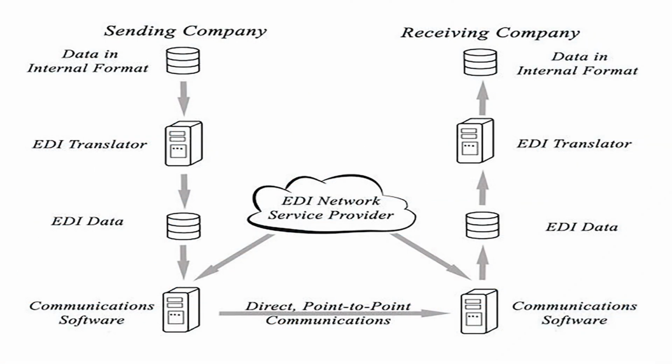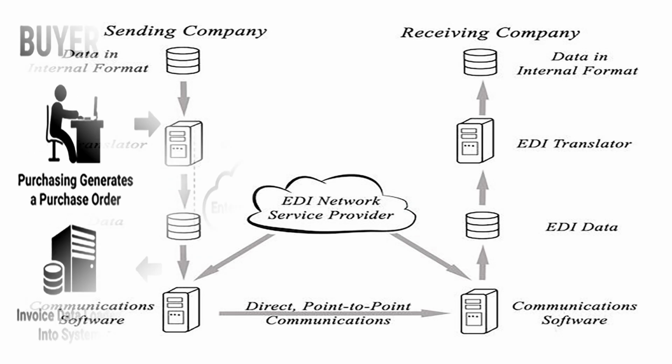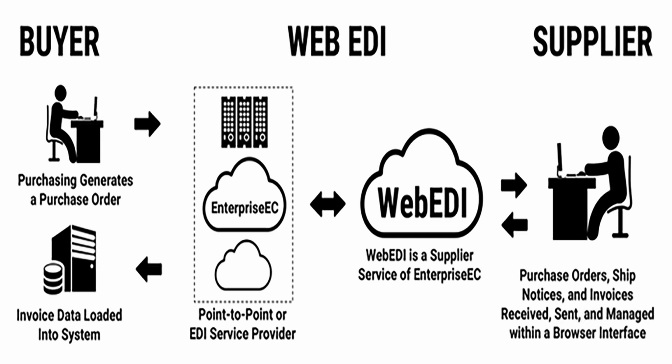The next is the internet-based EDI. Recently, internet-based EDI, also known as web-based EDI, is becoming very popular. EDI was once conducted on private communication networks. Today, however, EDI messages are often sent and received over the public internet.